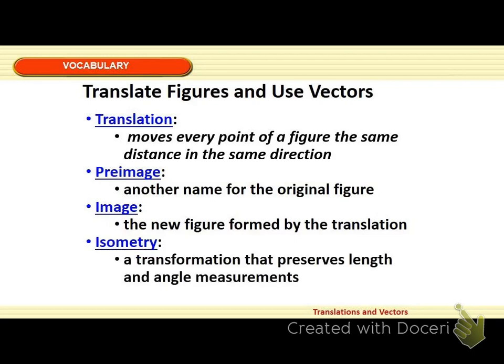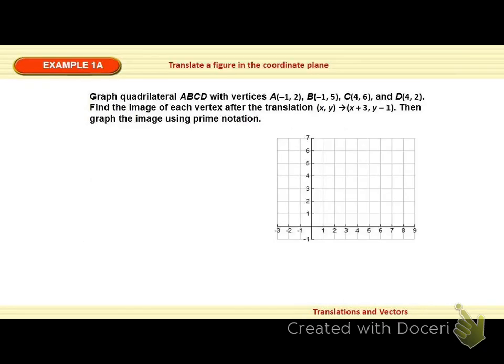And an isometry, which most of these transformations will be, actually all of them except for dilation, is a transformation that preserves length and angle measurements. So whatever we have when we begin should be what we end up with after our transformation.